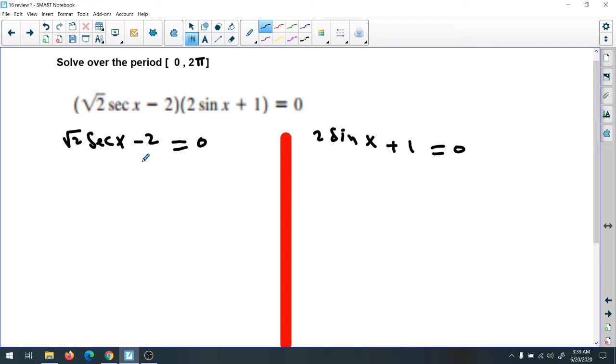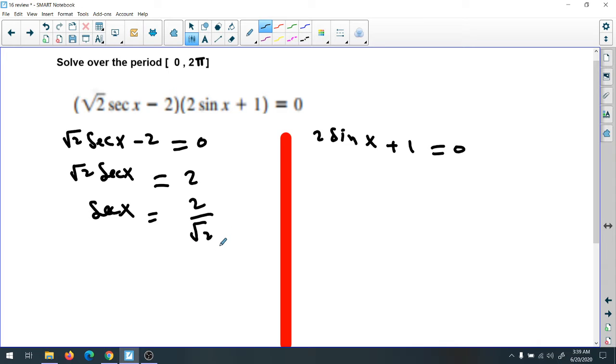So we deal with the first equation and solve it. Add 2 to both sides, then square root of 2 secant x equals positive 2. Then we divide by square root of 2. So secant x equals 2 divided by square root of 2.